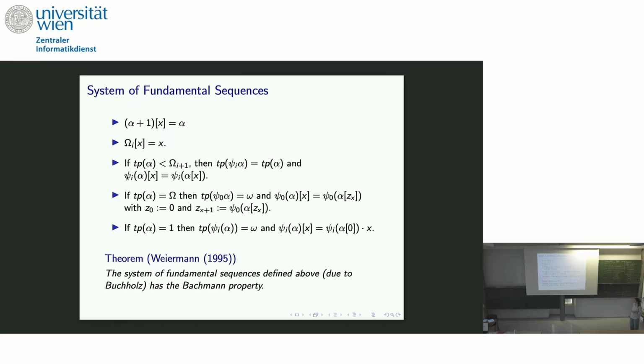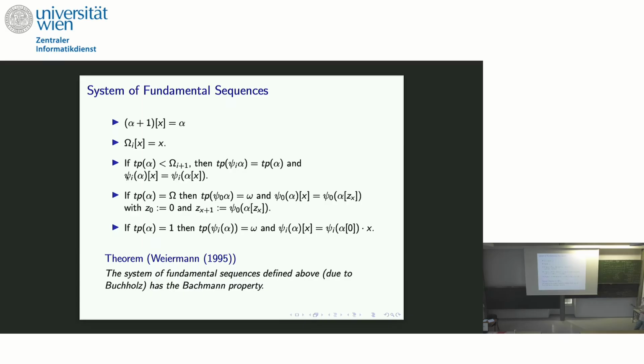And so very importantly, this is not the first attempt that we try to do this. And the fundamental sequences here are very delicate. And luckily for us, for me, because Andreas did this, he proved in the 90s that this system of fundamental sequences has the Bachmann property.